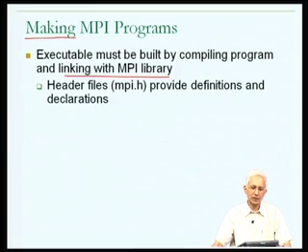This is similar to the way that you had to link the math library if your program was using math functions. So just like there's a math.h header file, there is an MPI.h header file in which the declarations and definitions are contained, and subsequently by the linking of the correct MPI.o file, the various functions would be incorporated for use by your program at runtime.